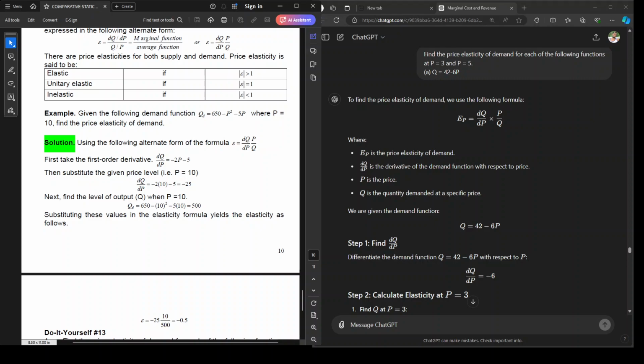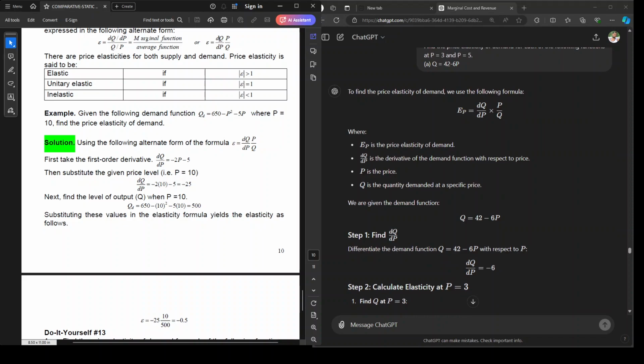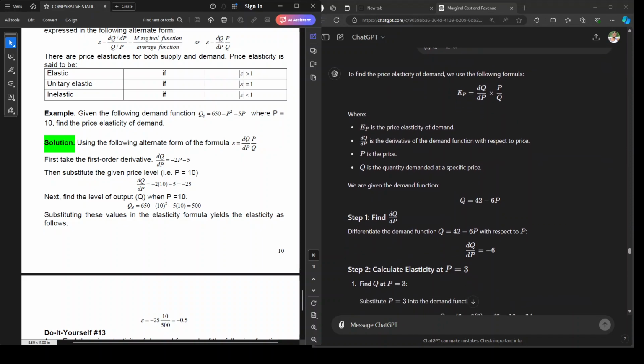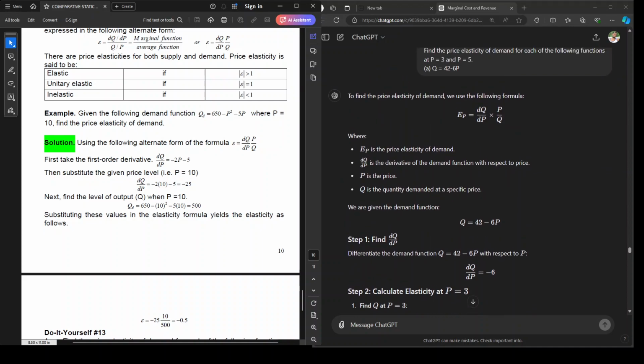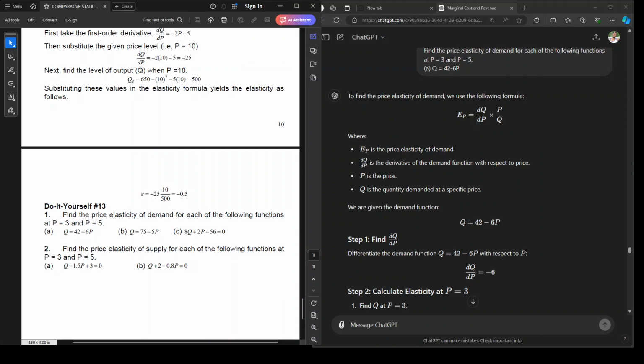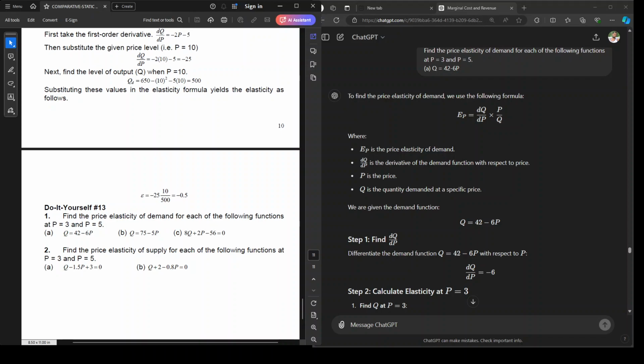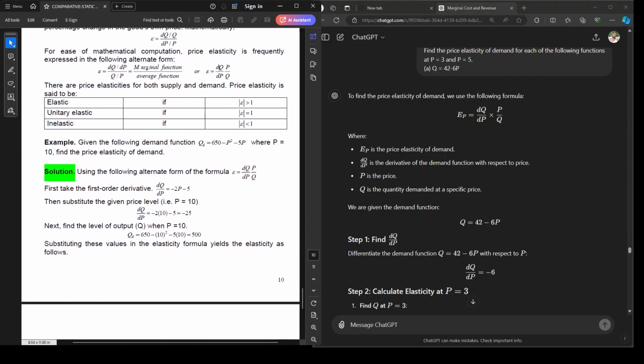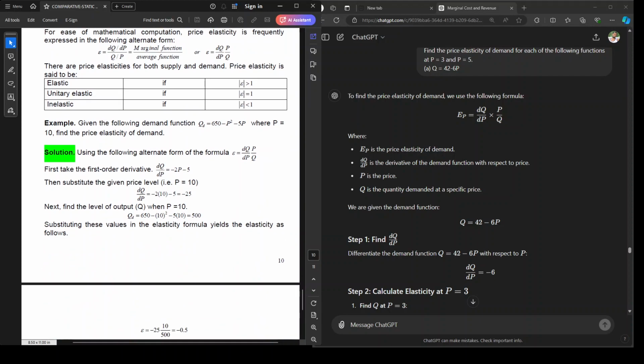So we are given this one. When we are given the following demand function, where we're given P, find the price elasticity. I started from here for do it yourself, but I'll explain how it was done.